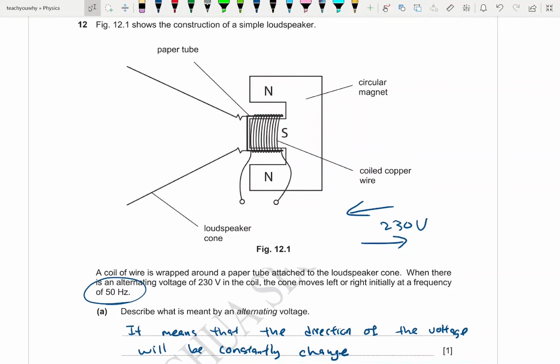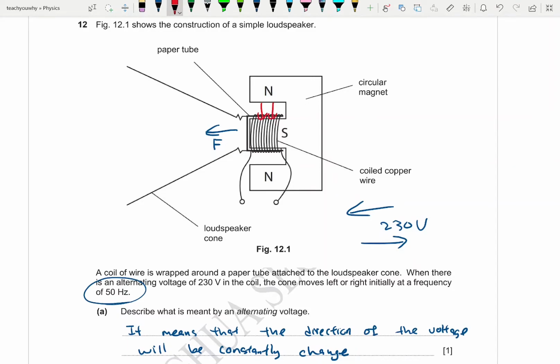Okay, so you want the cone to move left, which means you need a force to the left. So let's use Fleming's left-hand rule. First of all, let's label every single thing.